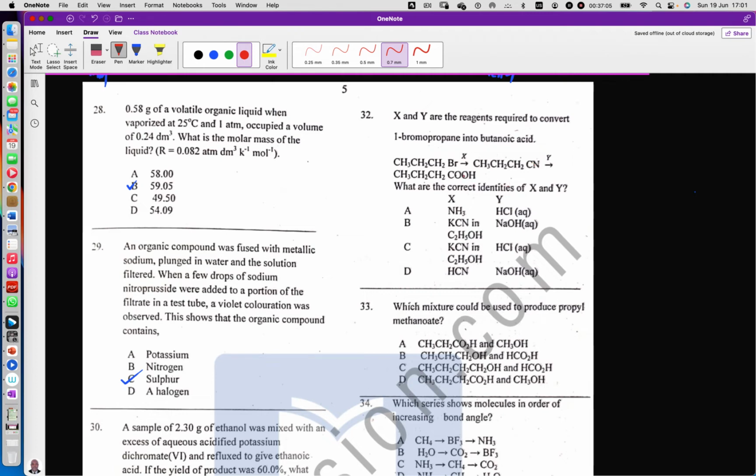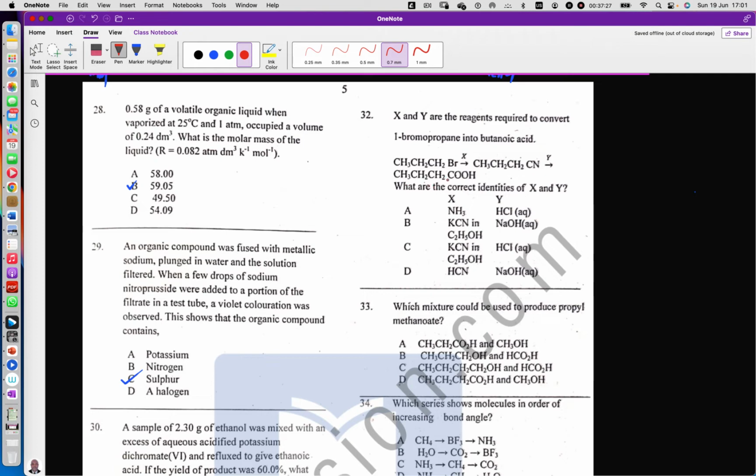That is the acid in water, and the water now provides the OOH. In that case, we have converted the halogenoalkane, 1-bromopropane, to the corresponding acid.